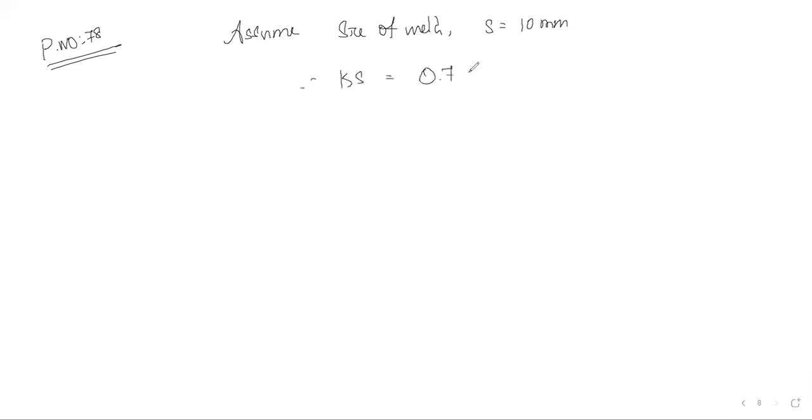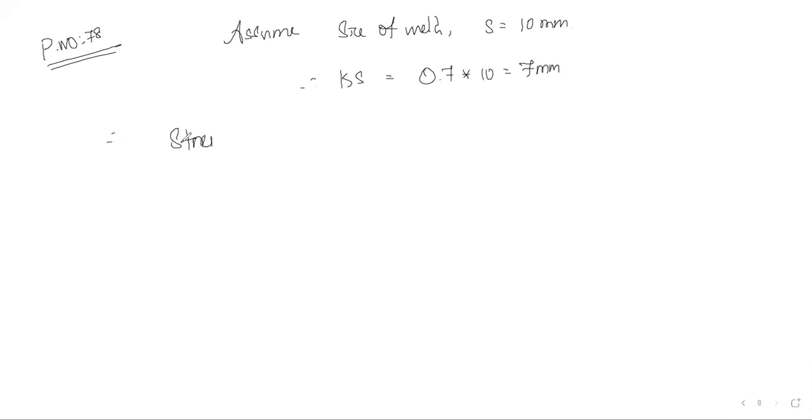From page number 78, we have one table. From that, assume size of weld is equal to 10 mm. Therefore K value, the constant, we are going to take as 0.7, so it becomes 7 mm.